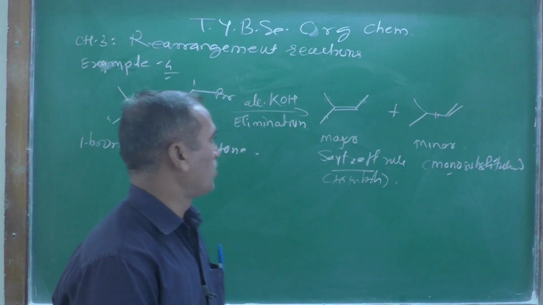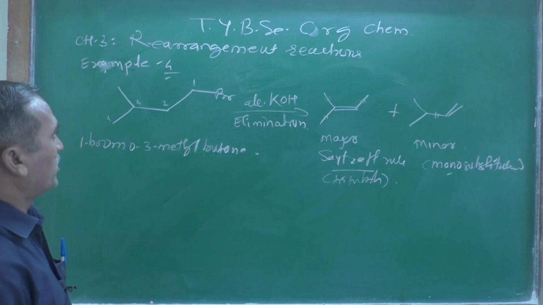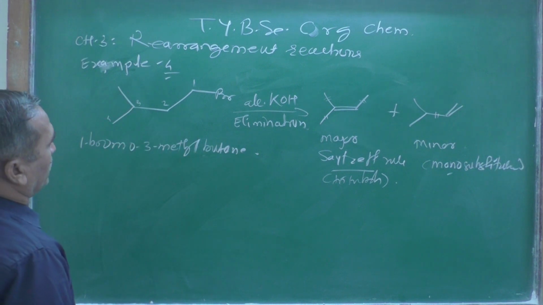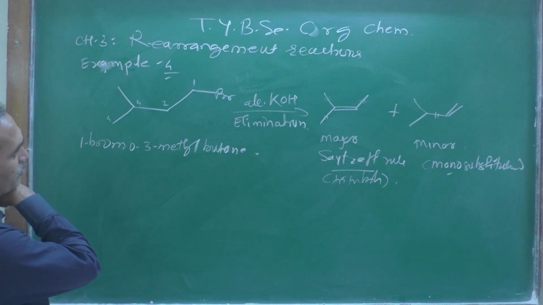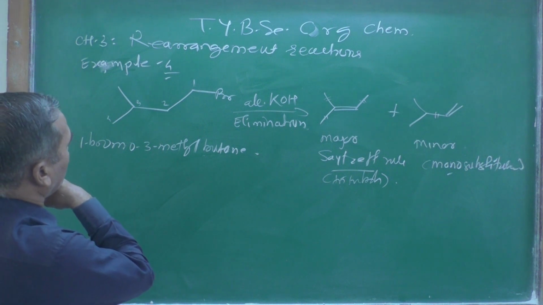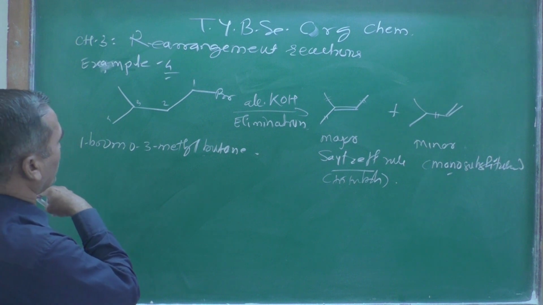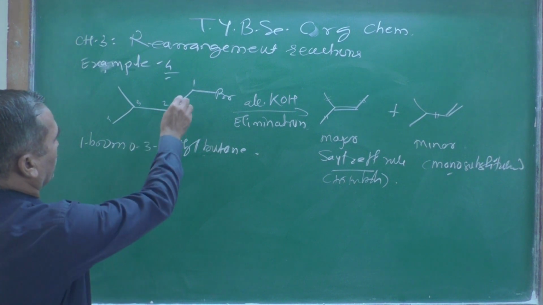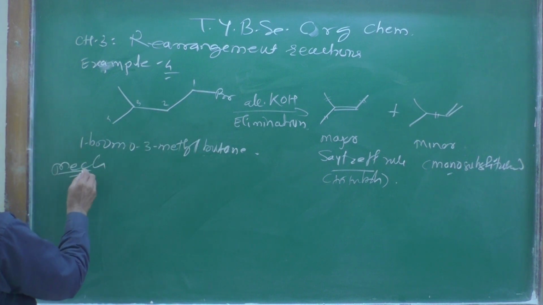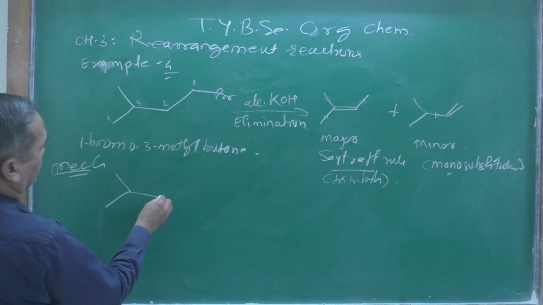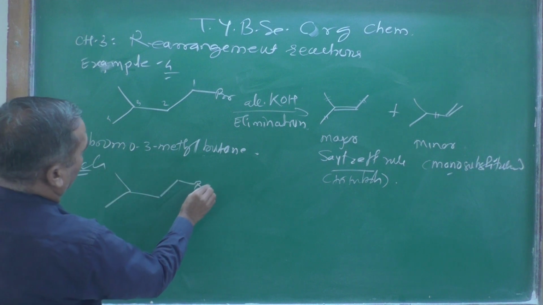And let us see how this mechanism takes place. Here alcoholic KOH. Now if you see, first step, look at the mechanism here. The mechanism takes place like this, Br.